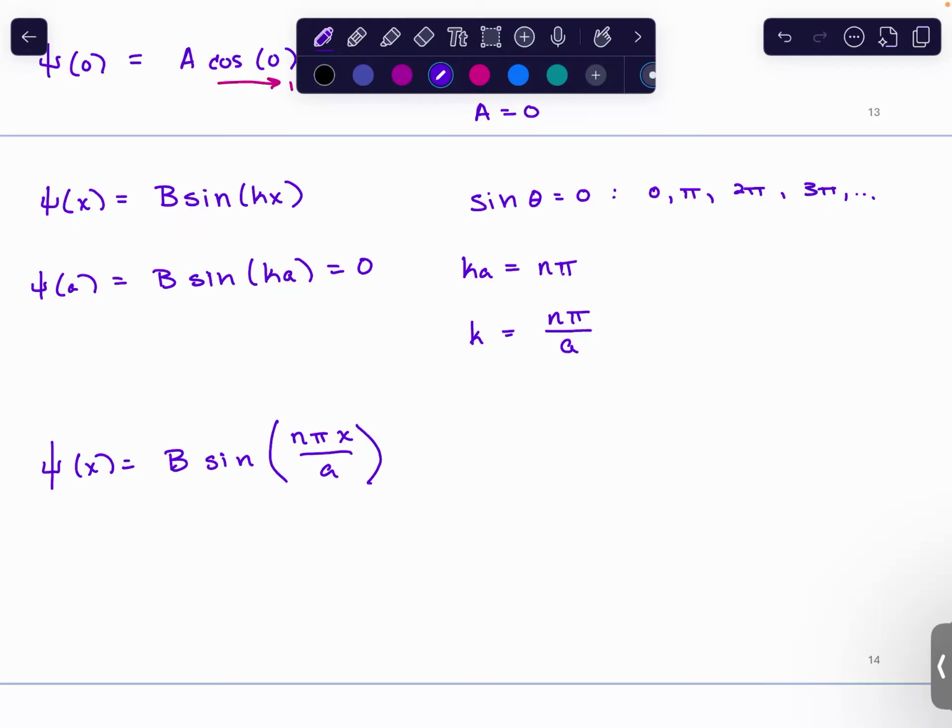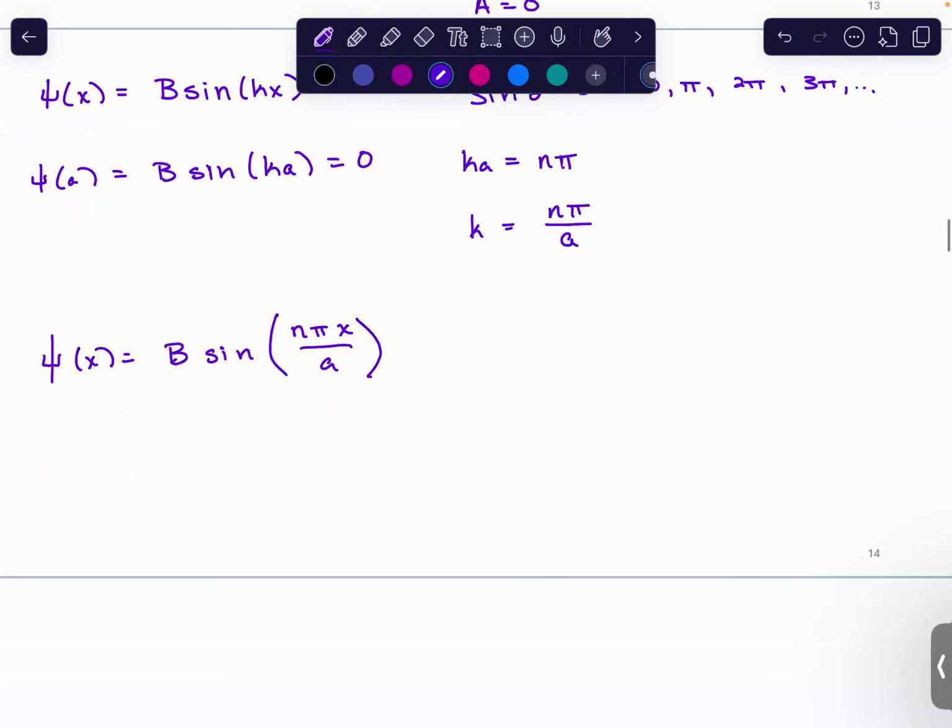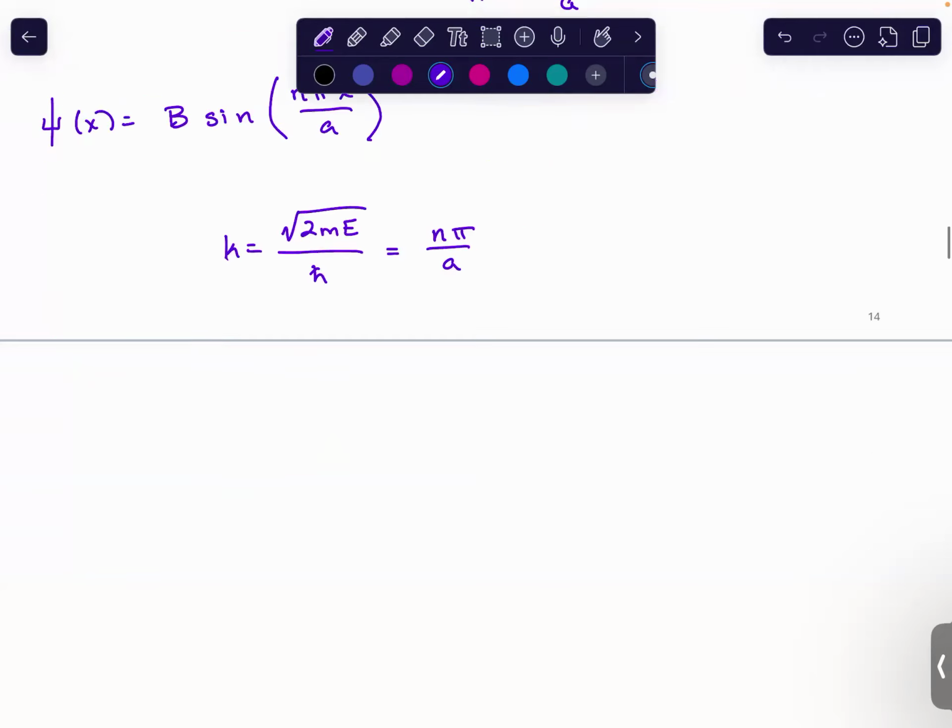Now, the question is, what kind of energies are we looking at for those electrons? Okay, well, we remember where we started with K, square root of 2 m e E over h bar. But now we also know that K equals n pi over A. So then let's just start multiplying through.